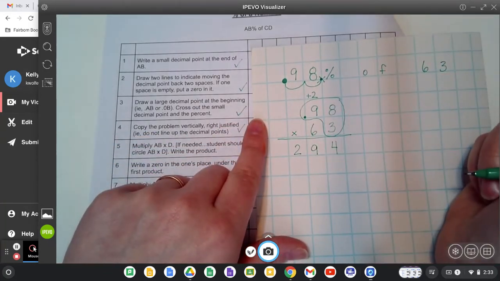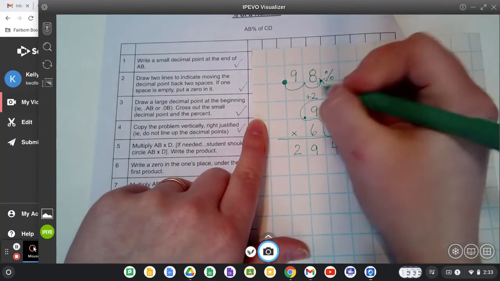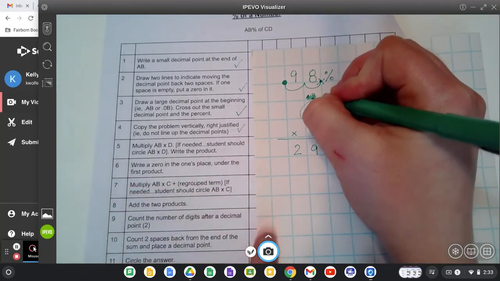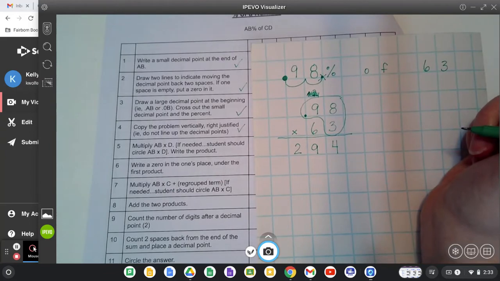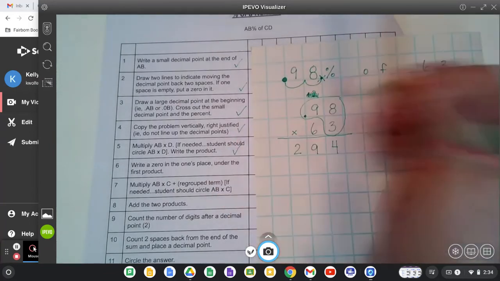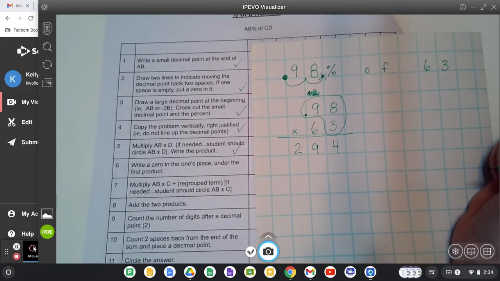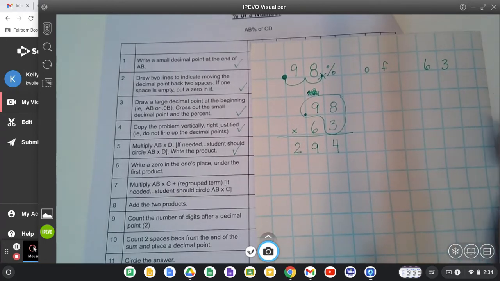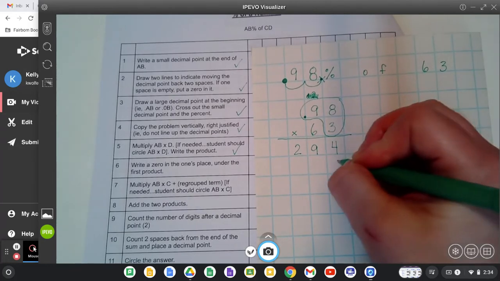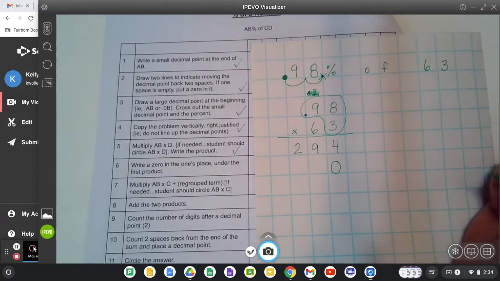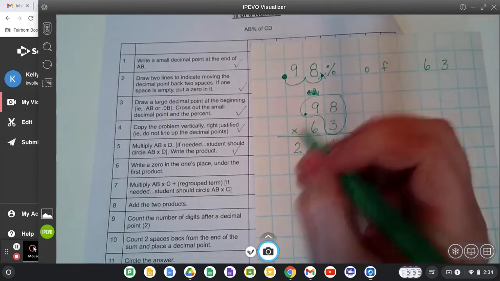Write my 29. Now I'm going to cross out that 2 because I'm done with it. The next step is the one that everyone forgets to do. Everyone forgets this step, but if you remember it, you're going to be in great shape. You're going to put a 0 down here. Always remember your 0.